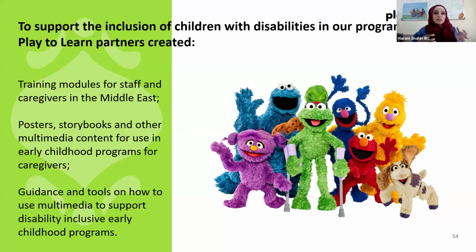So we have ECD service providers across health, protection, and other sectors. We are developing content that trains them and enhances their capacities to be able to work with children with disabilities and do activity adaptations, so they are actively participating in the activities that are delivered for the children, whether at the center, at schools, or within the community.